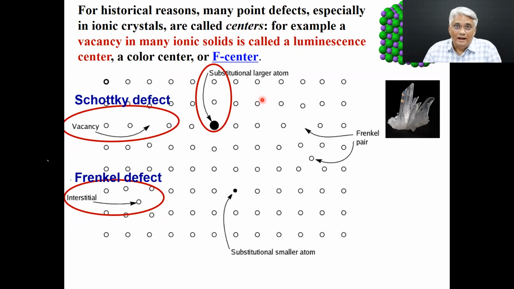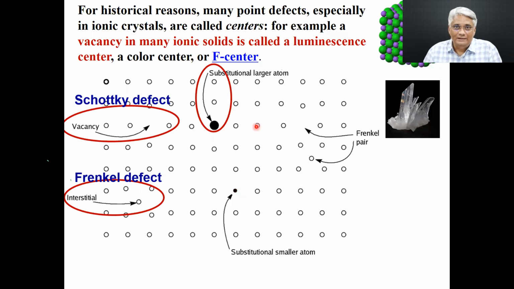Now I can replace one of these lattice atoms by an atom that is bigger or smaller in ionic radius, as what you see here. This is also possible. These are called substitutional atoms.